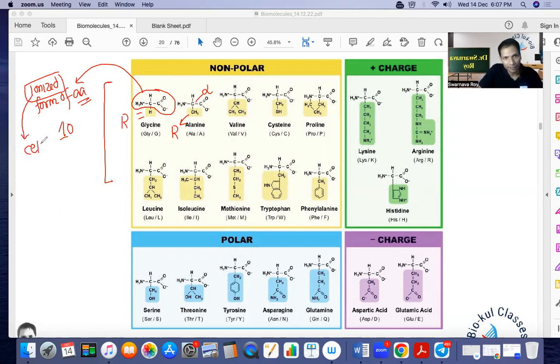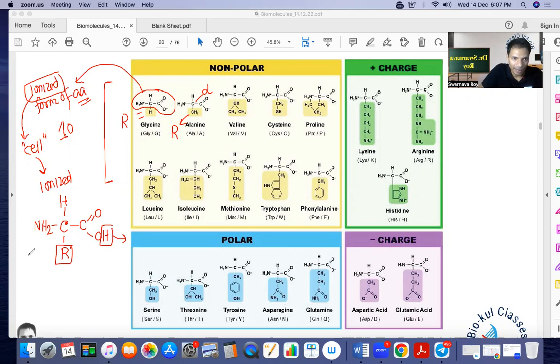Inside a cell, amino acids are in the ionized form. That means this is the alpha carbon. It is bonded with a COOH, with an NH2, and with an H and an R. So this H is lost, and when the H is lost, it gains a negative charge.